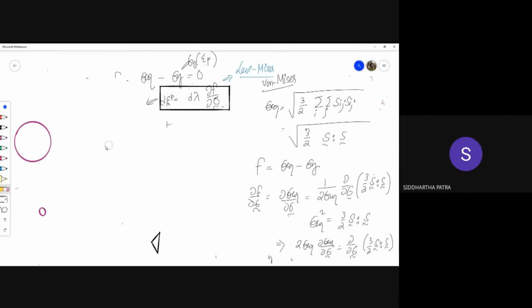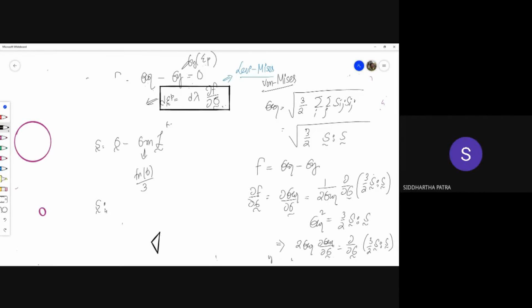So S, you might recall, is sigma minus sigma m times I, where sigma m is the trace of sigma divided by 3.